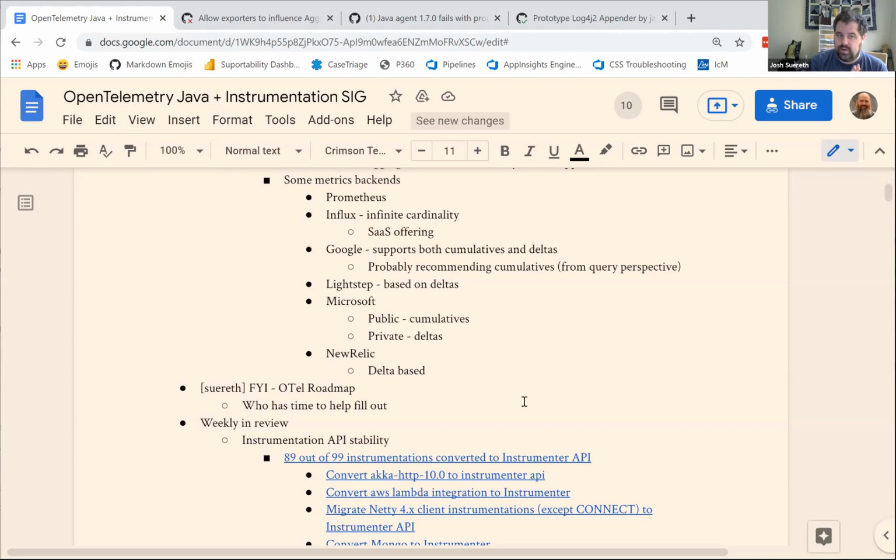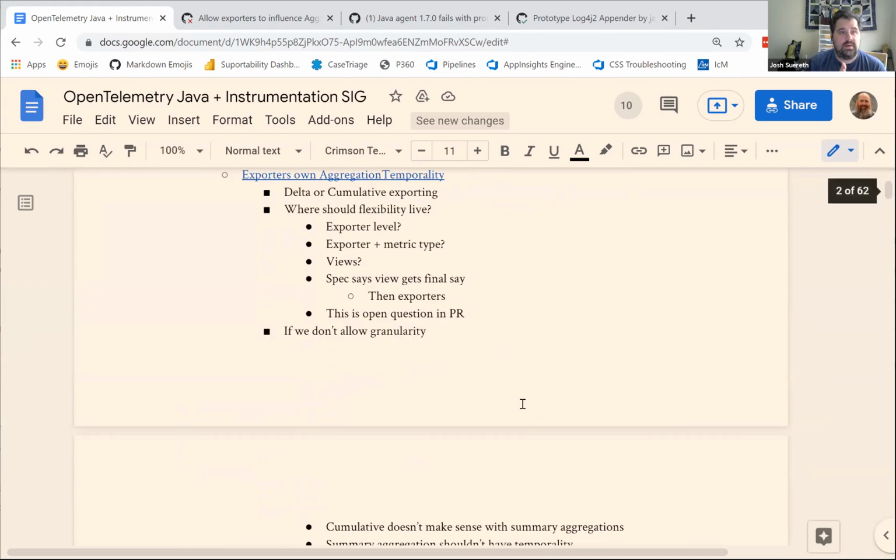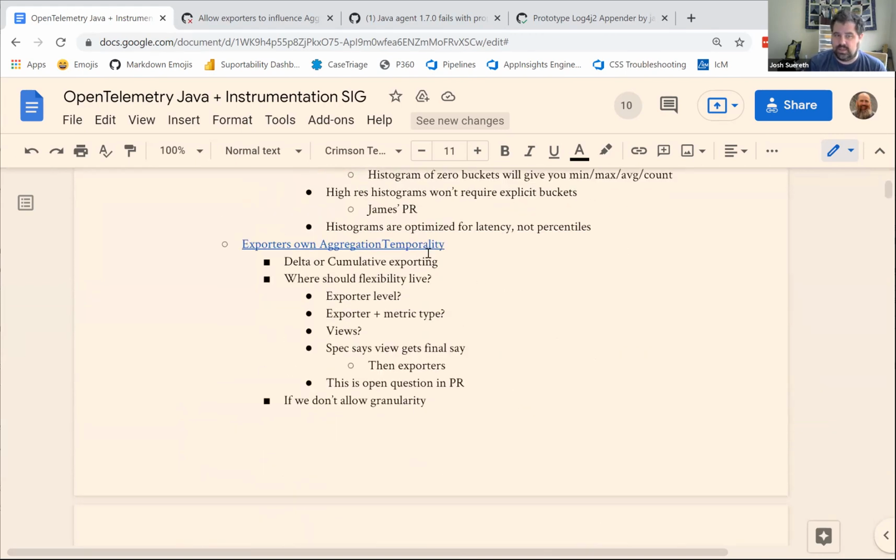So just to recap though, if you look at that PR, like I said, unfortunately it's larger than I intended, but there's that open question of where and how granular we want delta and cumulative configuration. I know John's going to be at the metric SIG or will comment there, one or the other.